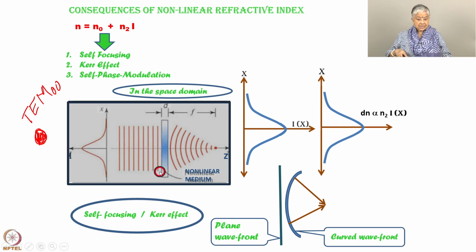And because of this difference in the refractive index or the change in the refractive index across this medium, the plane waves become curved like this. The wave fronts of these plane waves, they become curved, and obviously they start focusing. So, this is what is self-focusing.